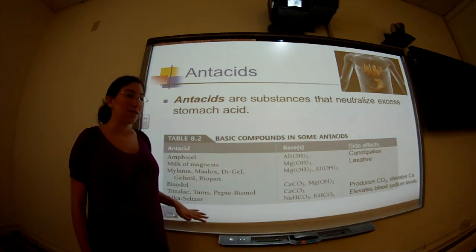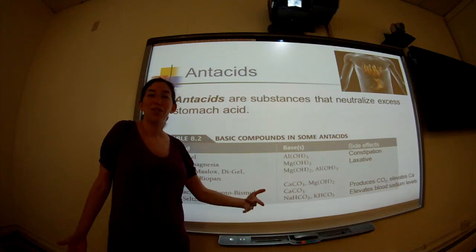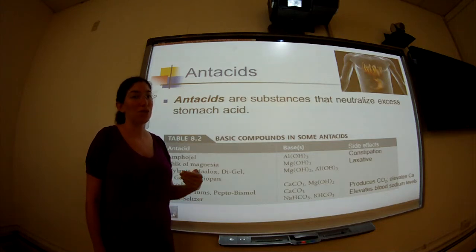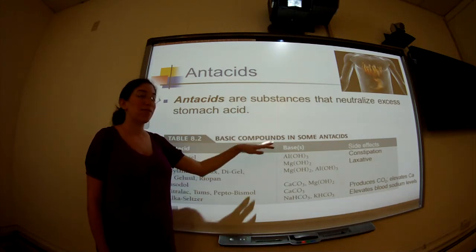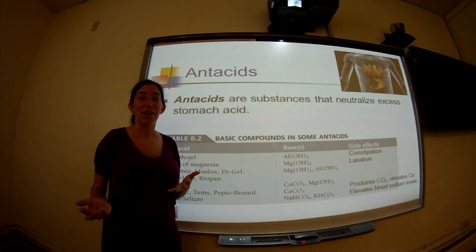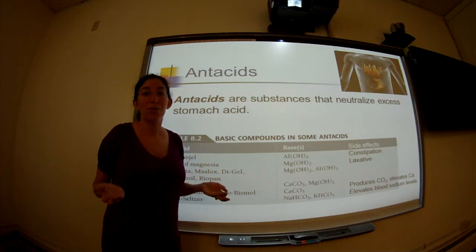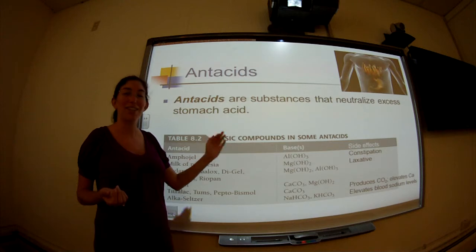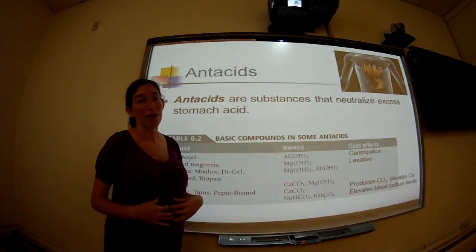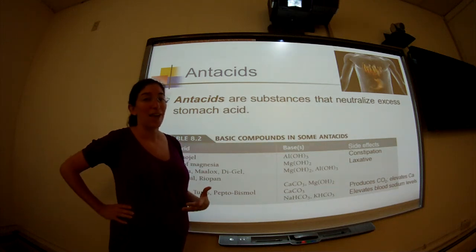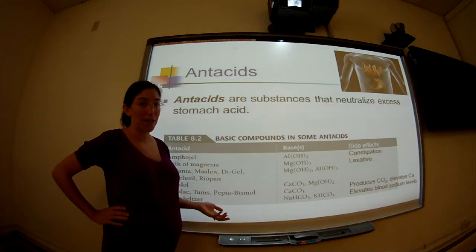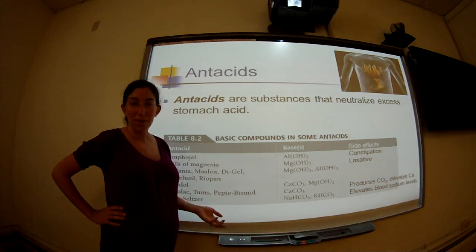What I'm trying to explain here is that all of these different antacids will all work the same to neutralize stomach acid, but each of the weak bases can have additional side effects that affect your health, that might affect your choice of which antacid to use, because they all have similar abilities to actually neutralize the acid.